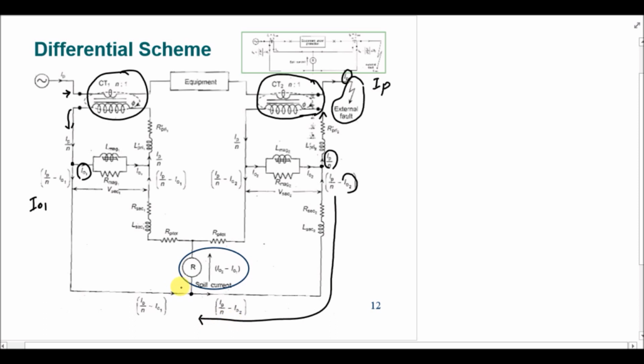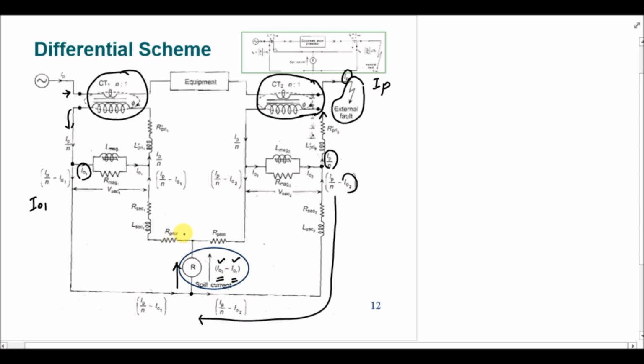And the differential of these two currents, one current is entering this node and the other one is leaving this node, so the differential of these two currents will be passing through the relay. That is known as a spill current. If you subtract these two currents, you will get I naught 2 minus I naught 1. So the current that is passing through the relay is actually the difference of the magnetization branch currents of two different CTs that are employed in the differential protection scheme.